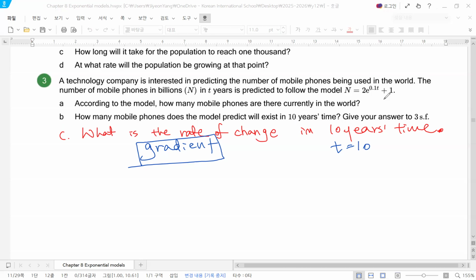Do you understand? And then I'm going to just draw any curve like this, okay? If I add 1 to all values, then the graph is going to be 1 unit up. Do you understand?